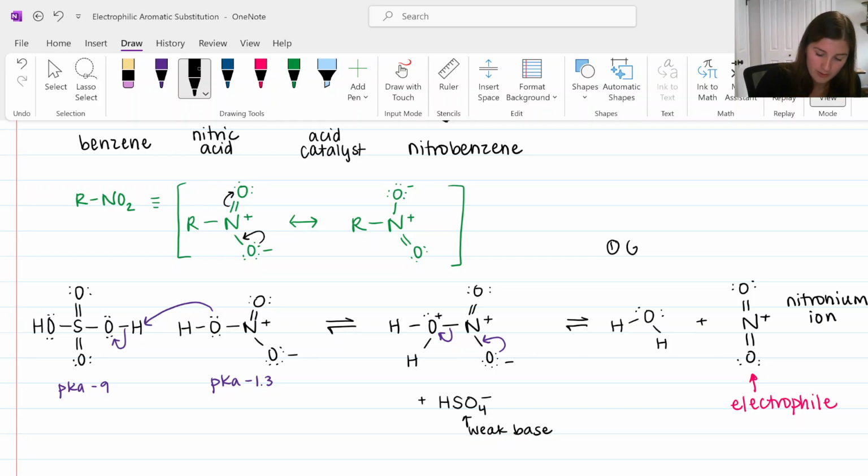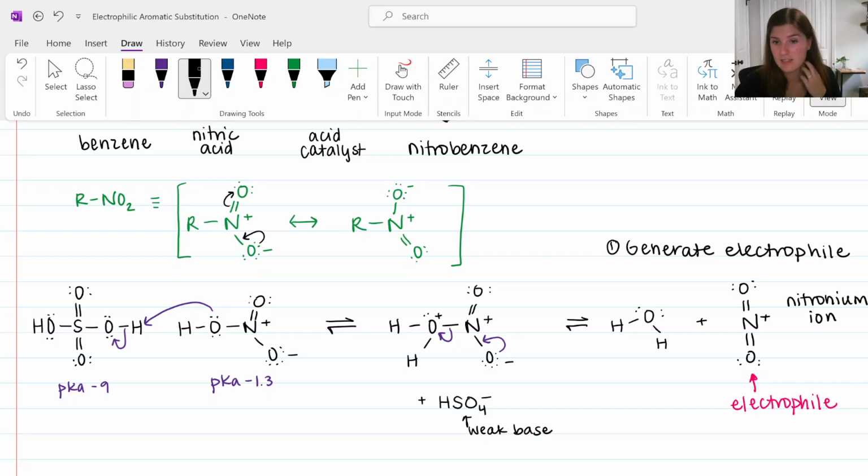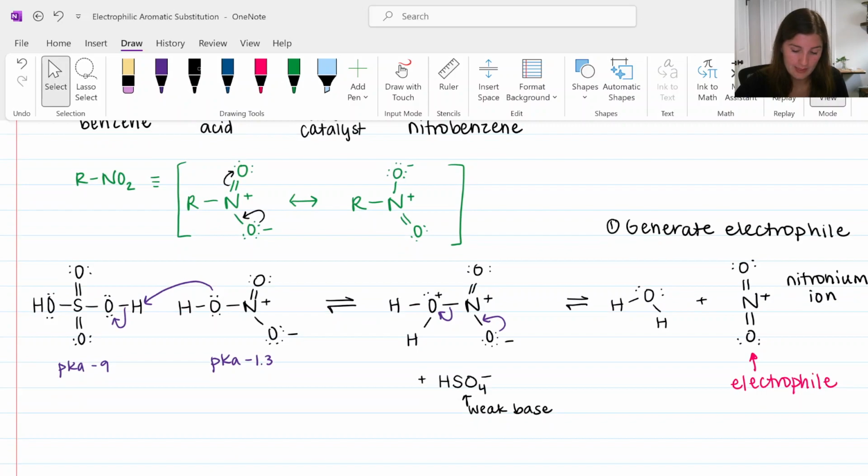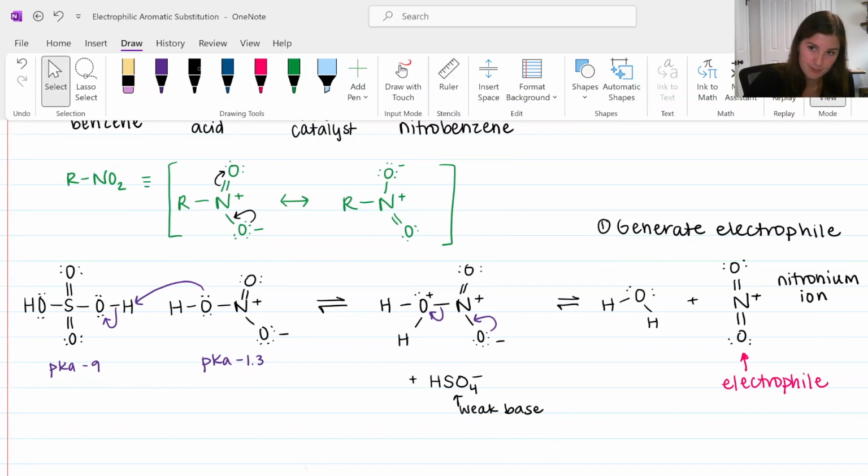Step 1, generate electrophile. And in this case, it requires multiple steps. And then step 2, we form a resonance stabilized carbocation intermediate, same second step as halogenation.